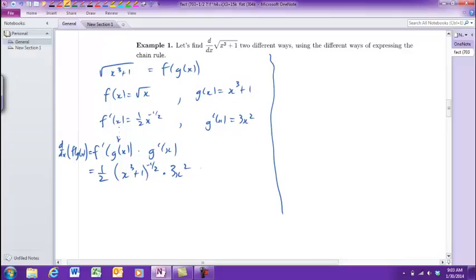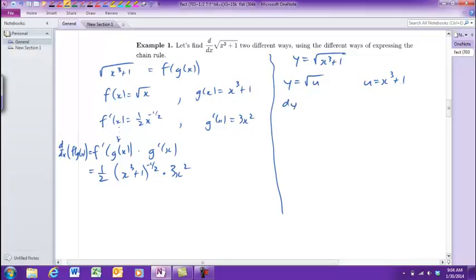And that's my answer. Now if I wanted to use Leibniz notation, I would think about it this way. I would say y is equal to x cubed plus 1. And I can think of that as y being the square root of u, where I let u equal x cubed plus 1.